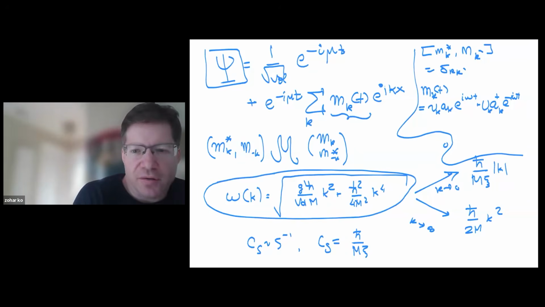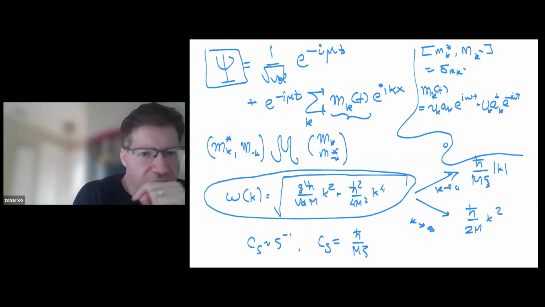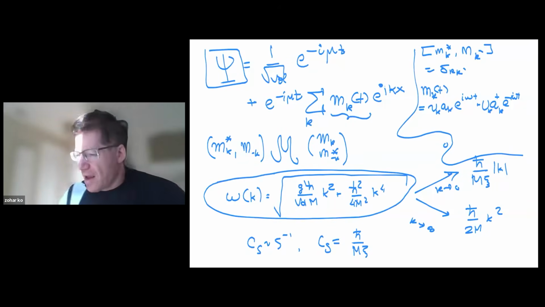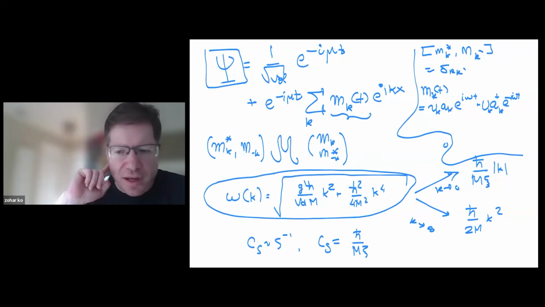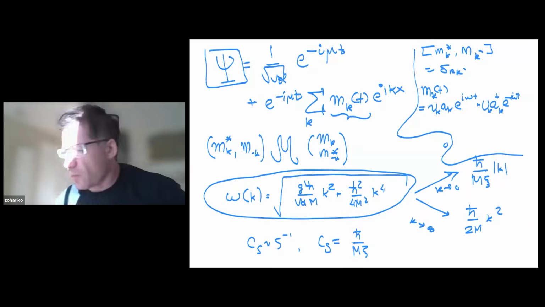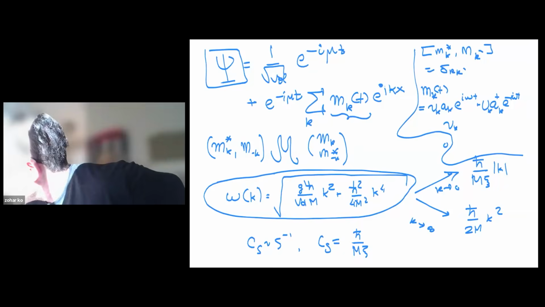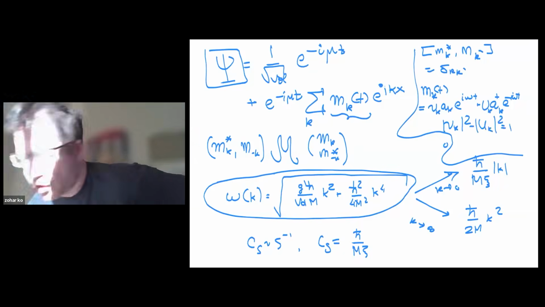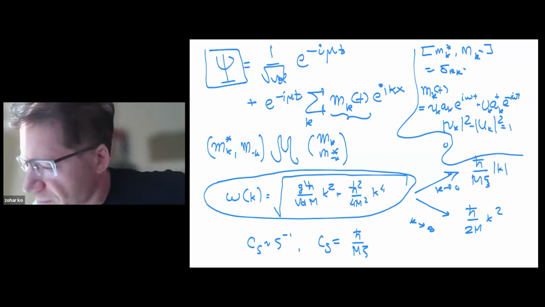Because the creation operators have to oscillate with e to the minus i omega t, and the annihilation operators oscillate in the opposite way. And by requiring that creation and annihilation operators have a commutator which is 1, we obtain the following constraint: v_k squared minus u_k squared has to be 1. That's a condition on the Bogolubov decomposition to make sense, so that the commutator is preserved.